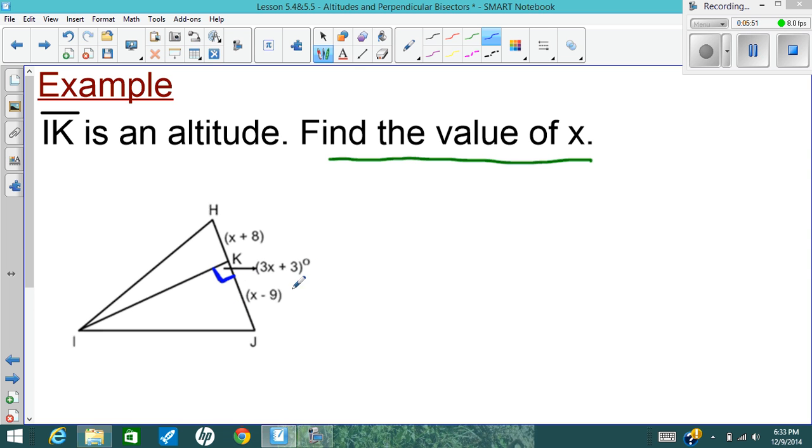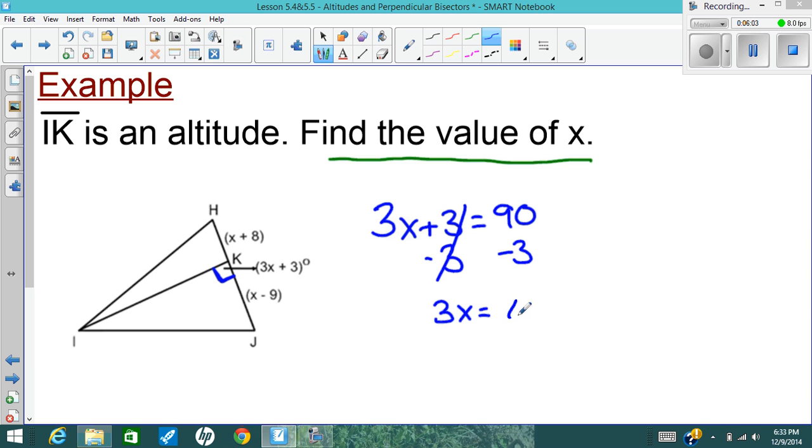We're also told that it's 3x plus 3 degrees, so we can set up an equation and we can solve for x. And we can get that x is 29.